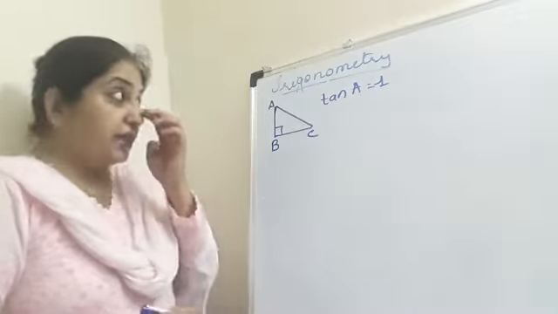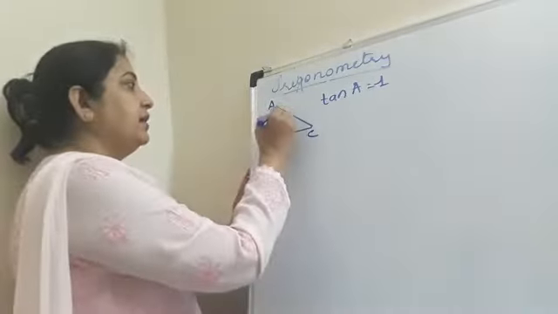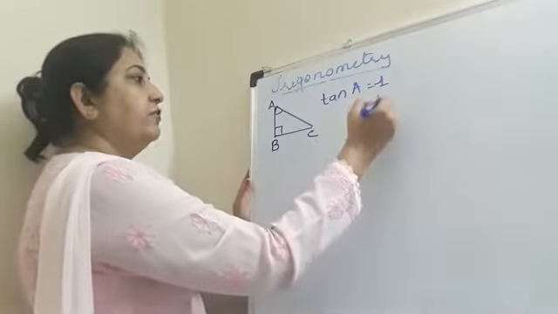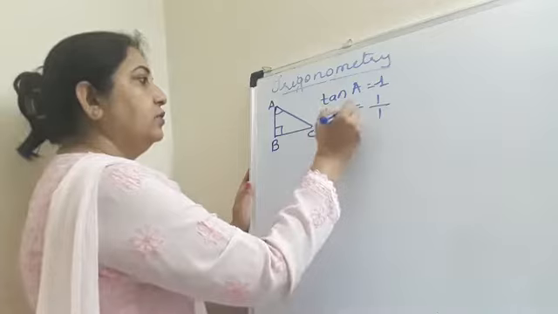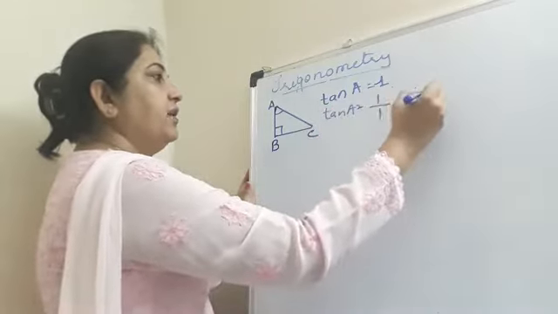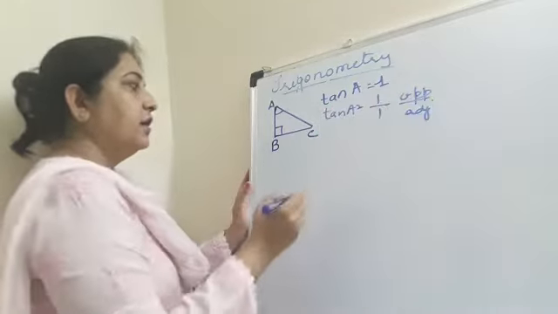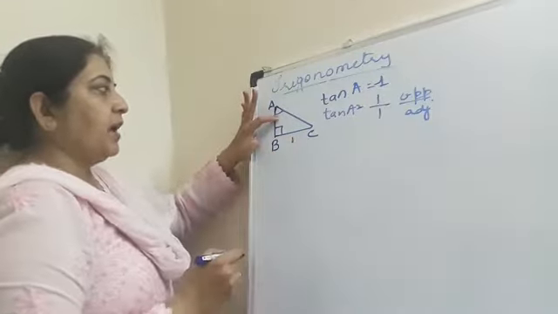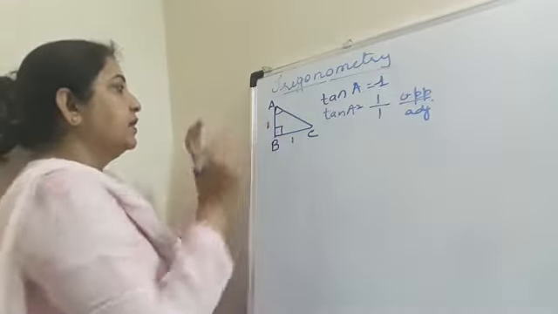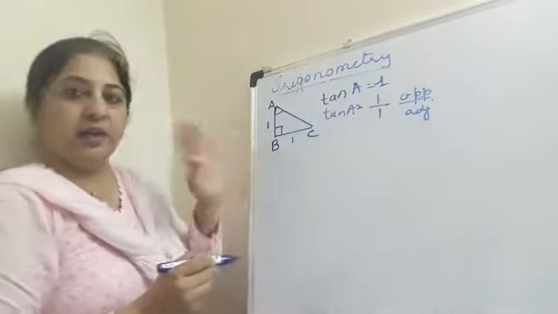When I say tan A is equal to 1, it means 1 upon 1, and you know that tan is equal to opposite upon adjacent, right? So for A, opposite side will be this and adjacent side will be this. So therefore both these sides are 1 and 1.